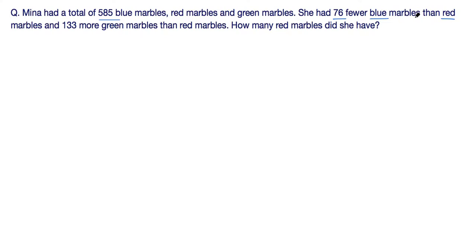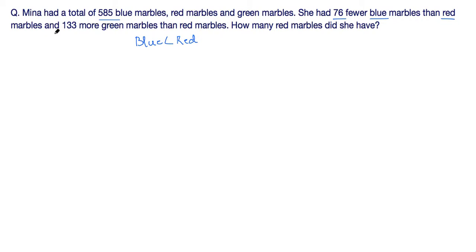It's the same thing, whether you say 76 fewer blue marbles than red marbles or 76 more red marbles than blue marbles. Basically, the number of red marbles is more than the blue ones, right? So we can write something like this. Compared to blue, red is more.